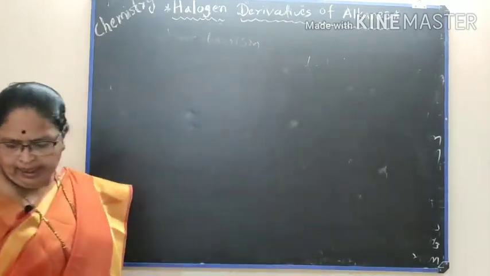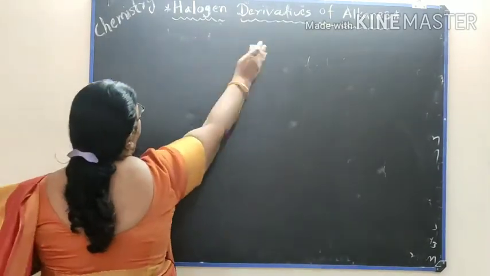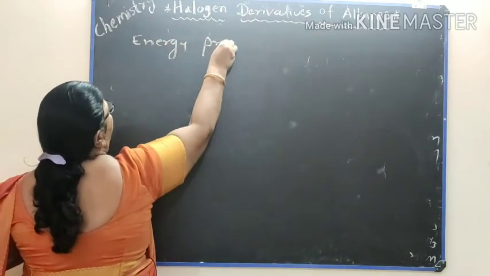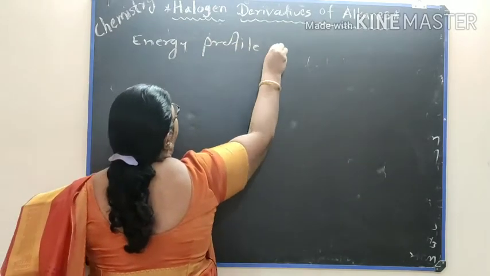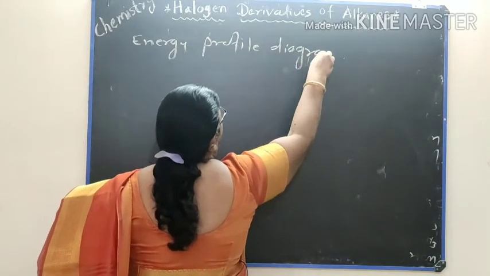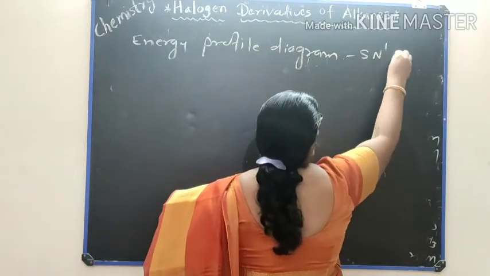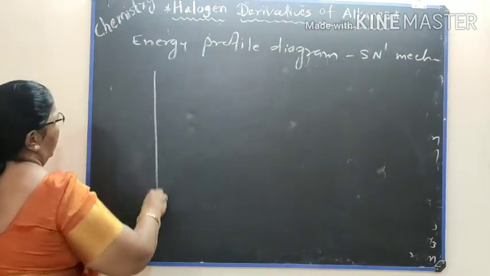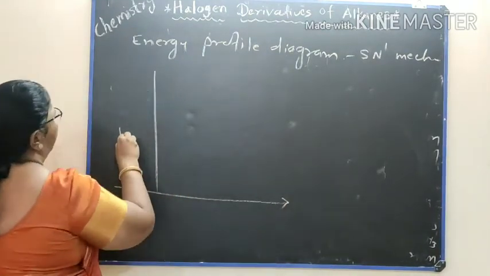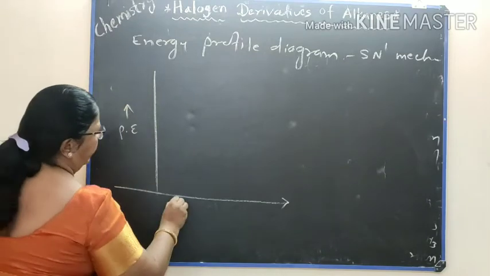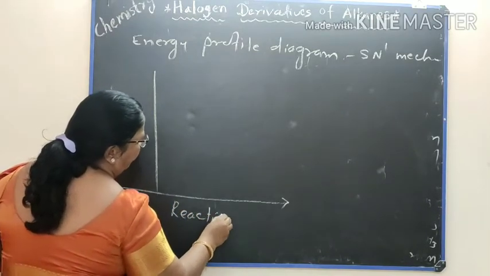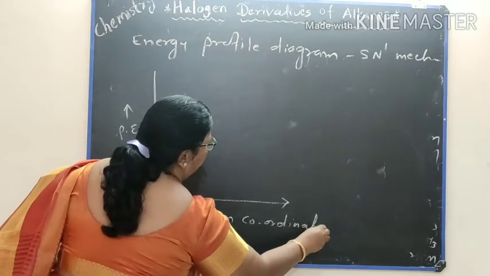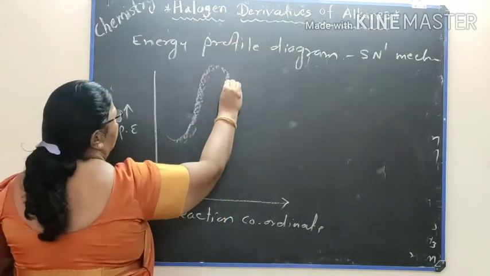Energy profile diagram for the SN1 mechanism. We draw the curve of potential energy against the reaction coordinate. Here two peaks are formed.